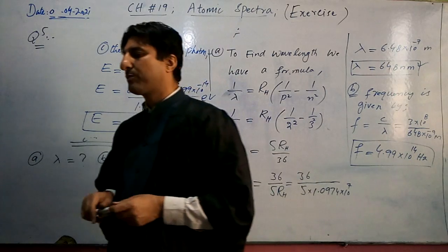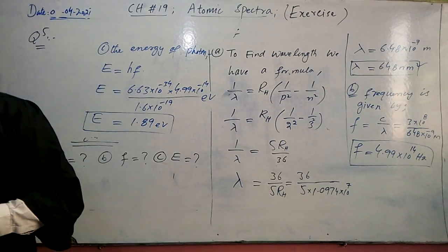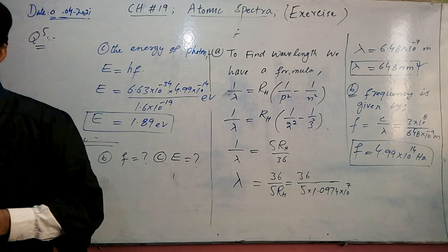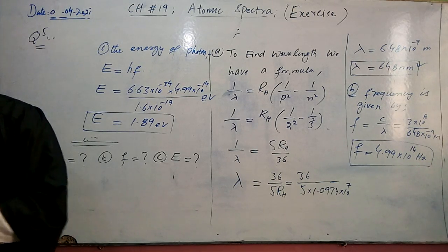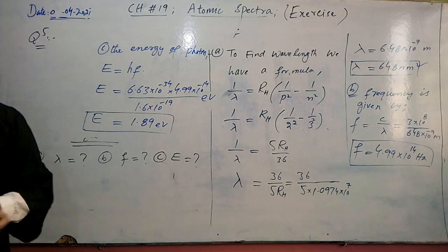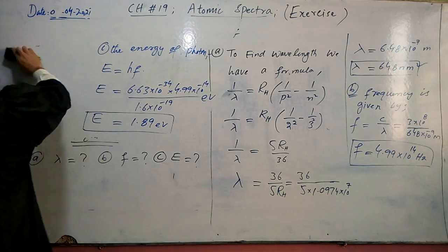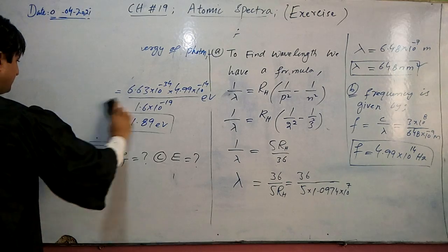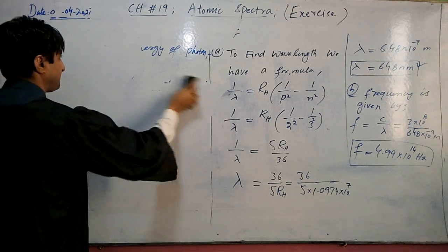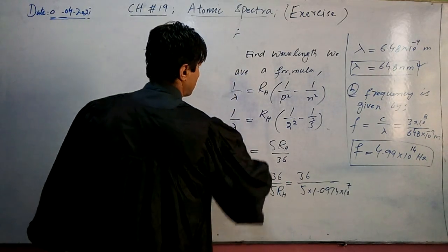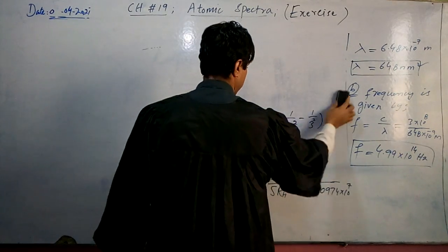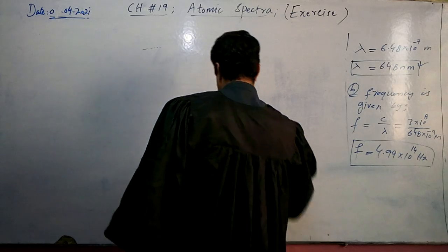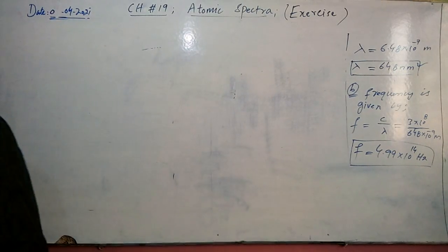Second thing which is to be calculated is how much energy is needed to ionize the hydrogen atom. So we have to calculate the energy also. So dear student, let me write the given data for this question. Question number 6.